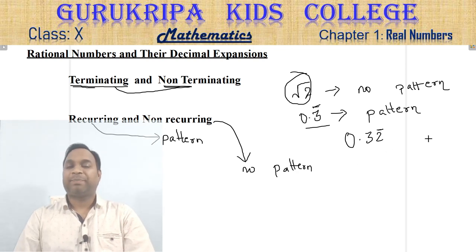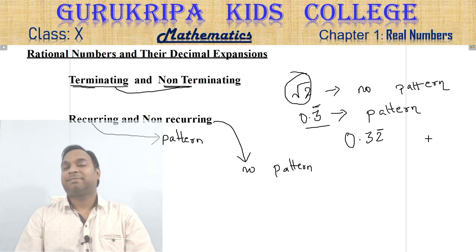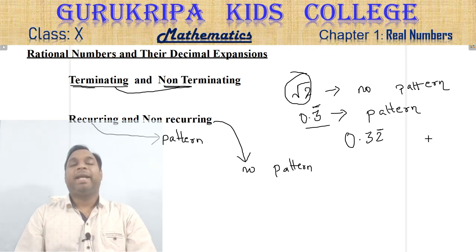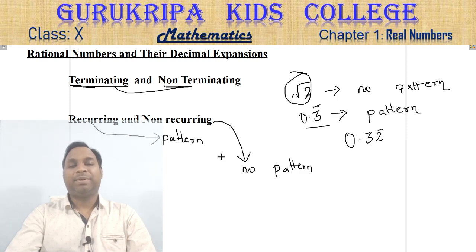But if there is no pattern at all, you cannot convert it. And if you cannot convert that number into p by q form, that means it is an irrational number. So these non-recurring numbers are the irrationals.